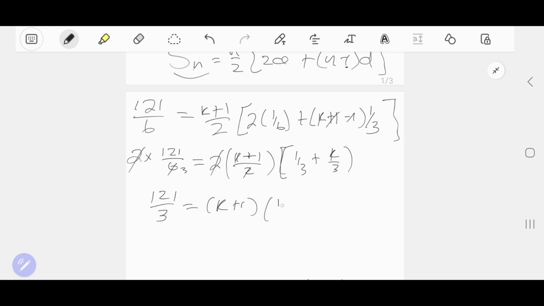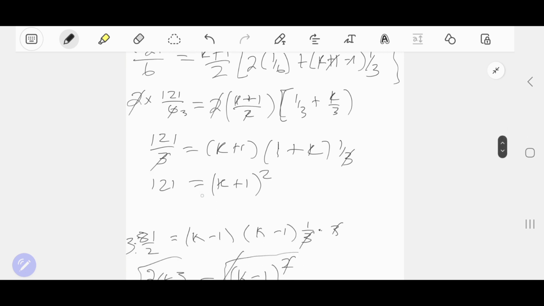You can say 1 plus k, then 1 over 3. Then these 3, people, they will cancel out if you multiply by 3 for both sides. So you're going to be having 121. It's going to be equal to this one. Since they are both the same, people, then we can do this.